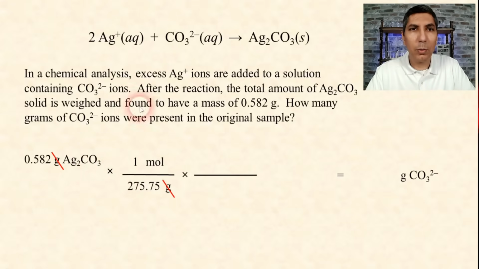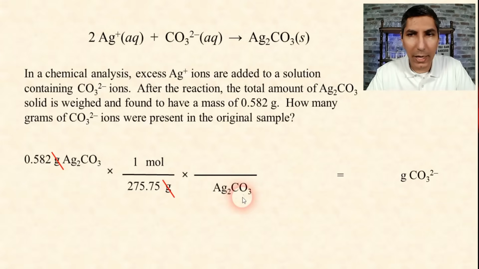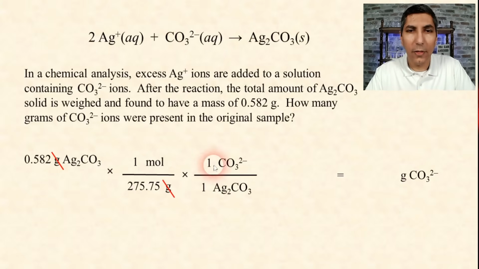So the mole ratio is where we take the actual substances out of the equation here and put them into our stoichiometry here. So Ag2CO3 has to go on the bottom, so it'll cancel out. We're converting to carbonate ions, so those will go on top. And now it looks like we have 1 carbonate for every 1 silver carbonate. Those are just the coefficients of the balanced equation.